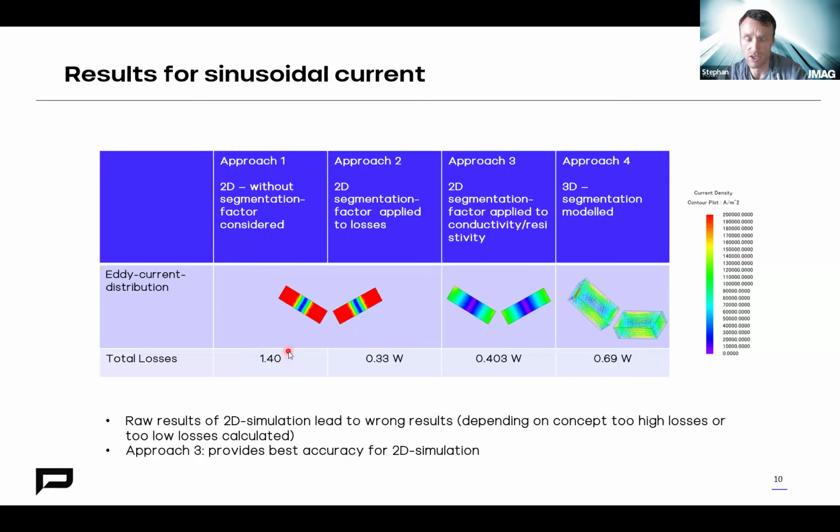And this way, the eddy current is simulated to be too big, and according to this, the results are too big afterwards.